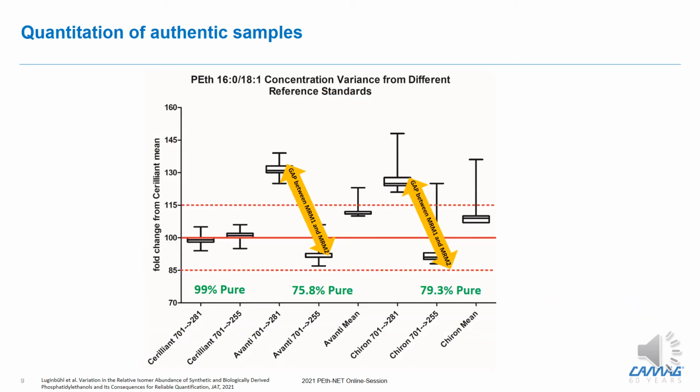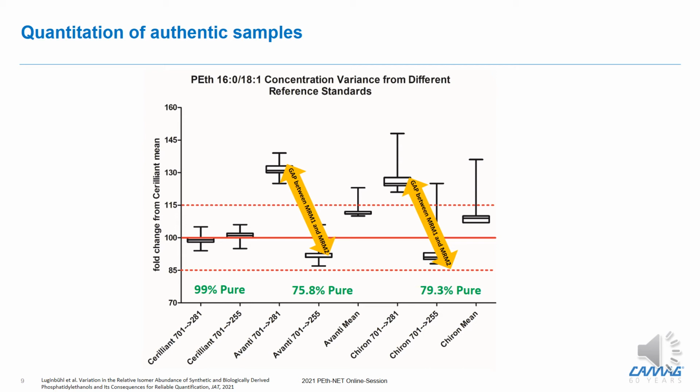When we then went on to the quantification of the authentic samples and compared the concentrations we obtained, we saw that there is a minor to no difference when comparing the MRM1 transition from Cerilliant with the MRM2 transition. However, when we compared the MRM1 and MRM2 transition from Avanti, we saw that there is a huge gap.